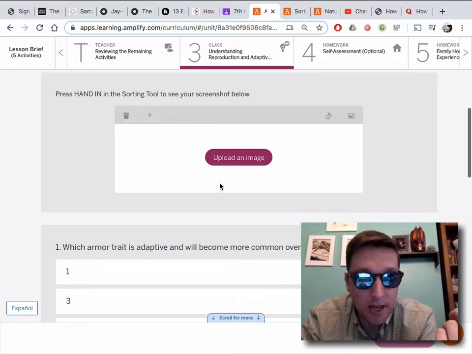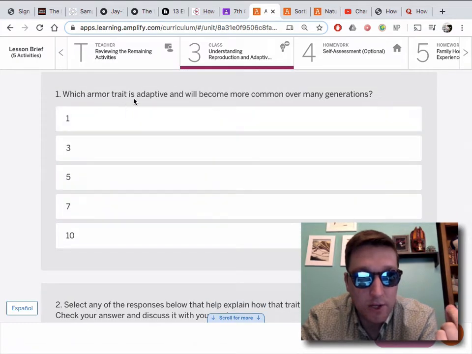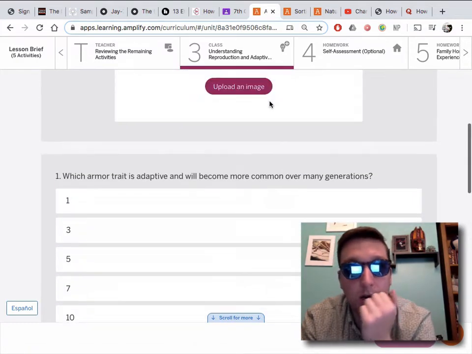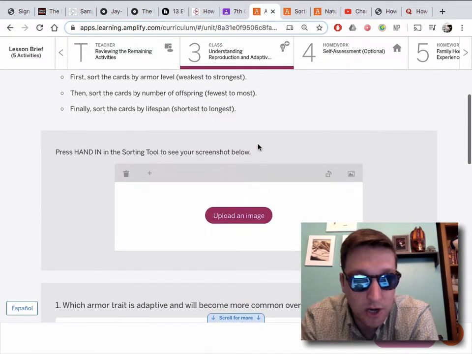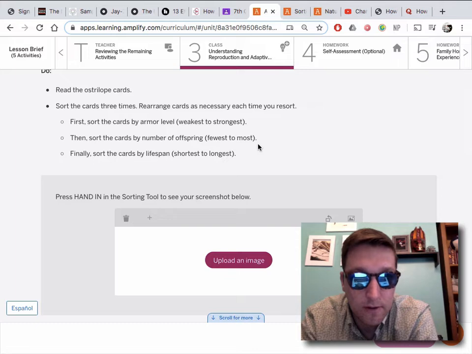Then take a screenshot. And which armor trait is adaptive and which will become more common over many generations? Which armor trait is adaptive?